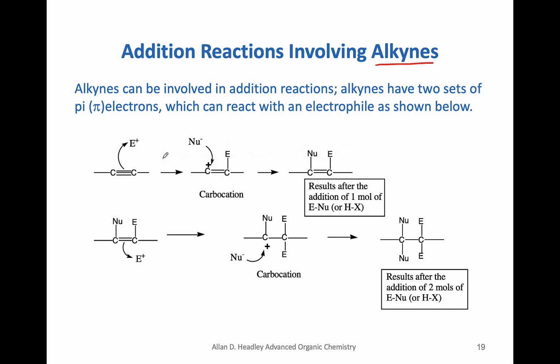So if this were HX, for example, we'll see in the next slide, this would be the H, and this would be the bromide, for example, to form this. This is still an alkene, so as you can imagine, it can undergo another reaction here to finally form this as your final product.